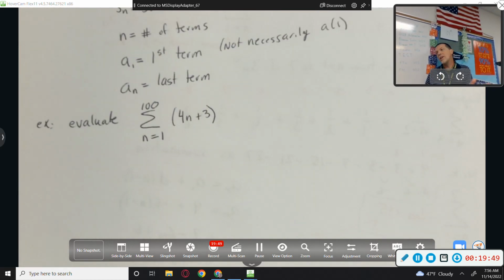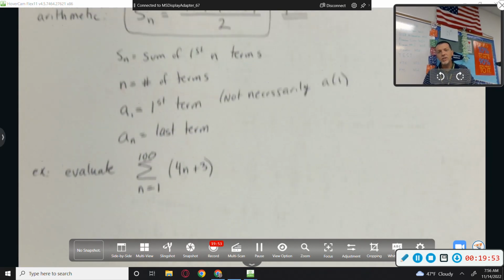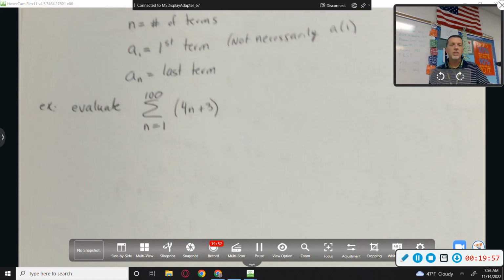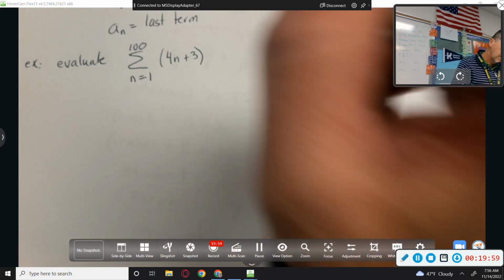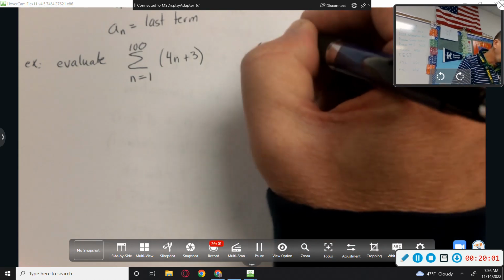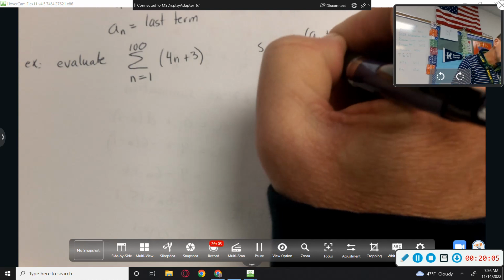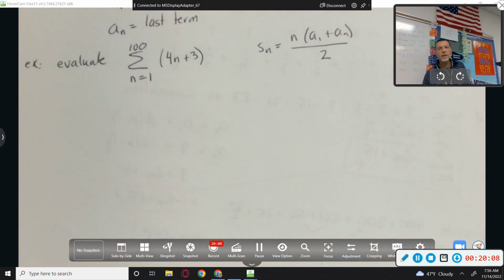I would like to use this formula as opposed to writing out 100 terms. So the formula, I'm going to write it again here. N times A1 plus AN all over 2. So I've got to find all the pieces and then I'll plug them into the formula.